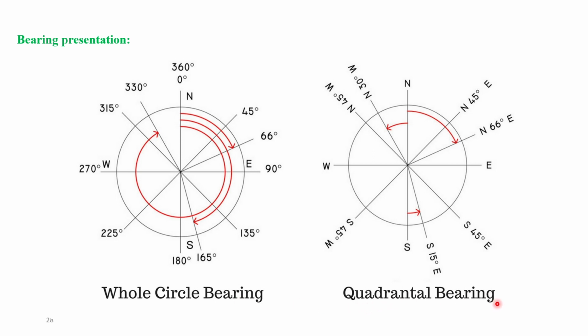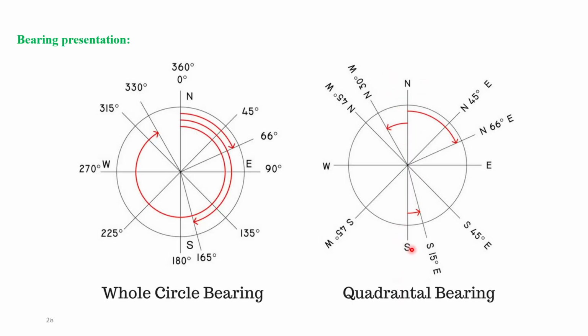In the quadrantal bearing system, we divide the angles into quadrants, and we measure the angle with respect to either north or south. In WCB, there was a restriction to measure the angle with respect to north only, but in the quadrantal bearing system, we measure with respect to north and south.